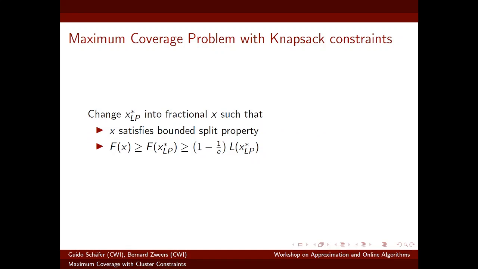So we will show now that you can change the optimal LP relaxation solution into a solution that satisfies the bounded split property, and for which you do not decrease the objective function of the pipage rounding formulation, which means that we have F(x) is at least 1 minus 1 over e times the solution of the LP relaxation.